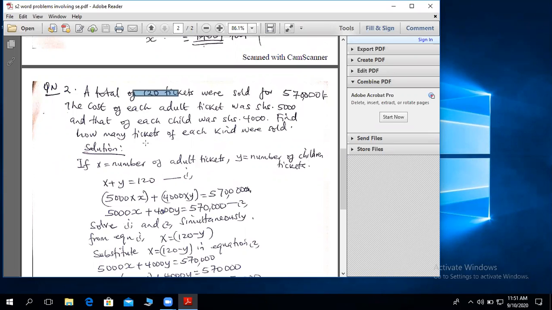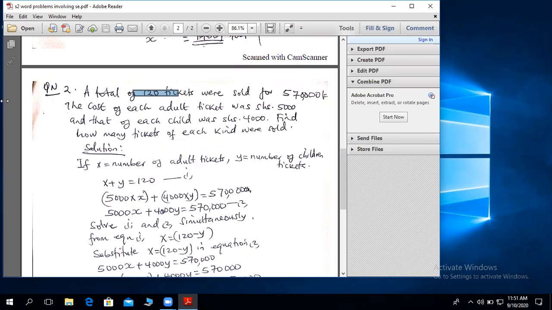It means when we get the number of tickets for children plus the number of tickets for adults, you are going to get the answer as 120. So my first equation: the number of tickets for adults is X, the number of tickets for children is Y, meaning X plus Y is equal to 120. That becomes my equation 1.